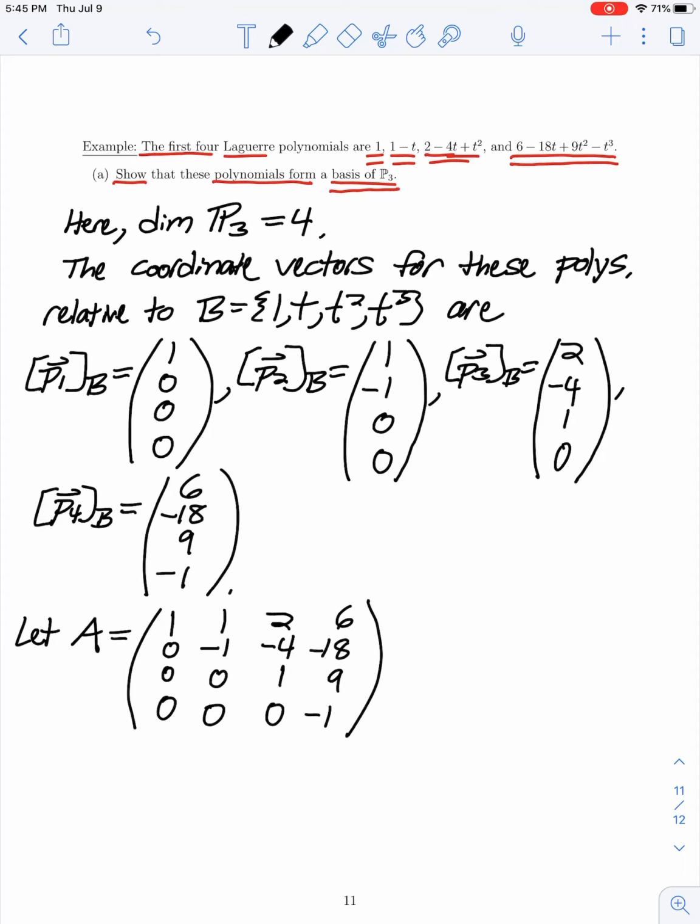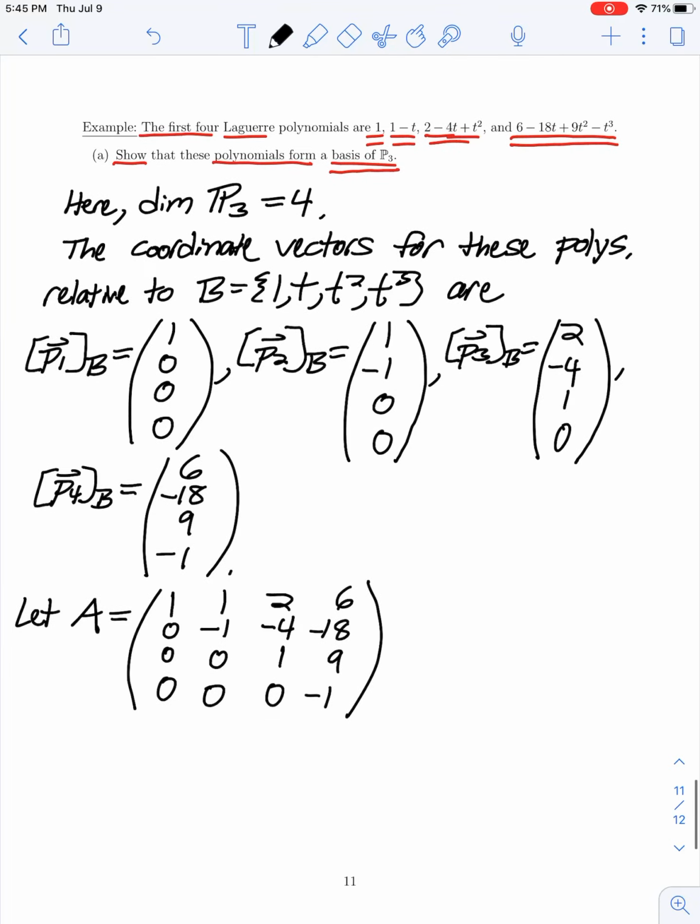So to show that the columns are linearly independent and span all of R4, we could use the invertible matrix theorem. That is, if this matrix is invertible, this set of column vectors is linearly independent and spans all of R4. Therefore, it forms a basis of R4, and our polynomials would form a basis of P3.